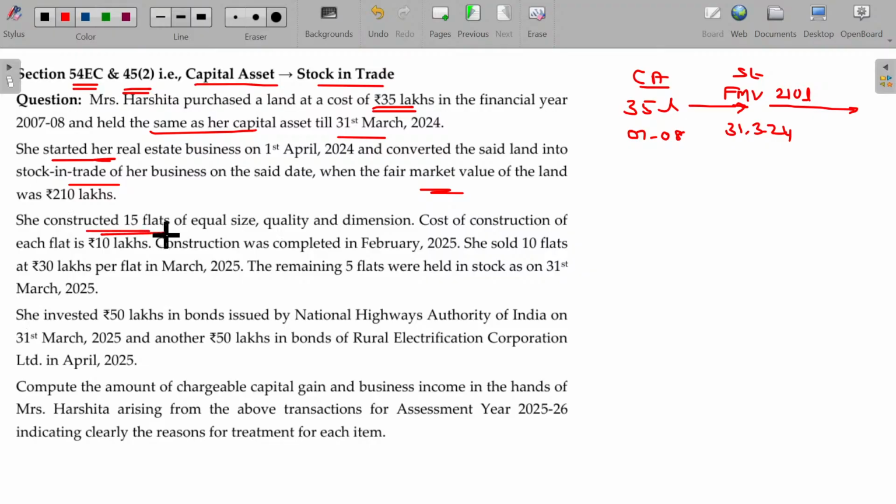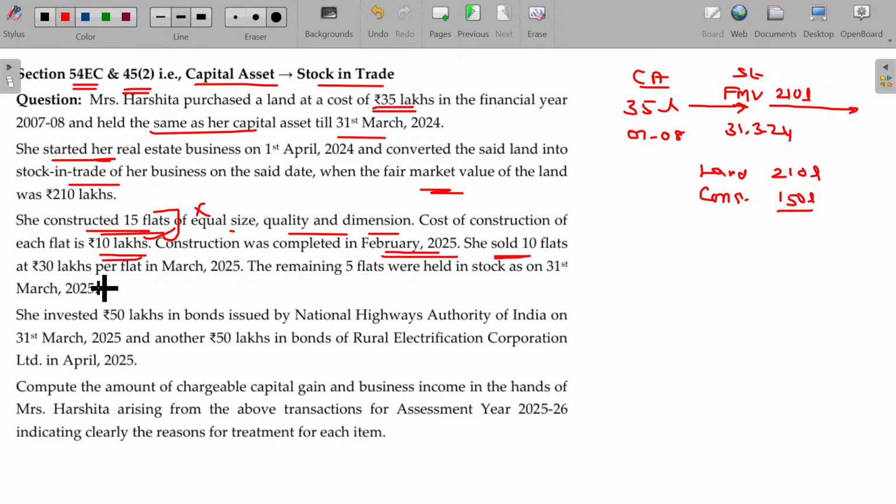She constructed 15 flats of equal size, quality and dimension. The cost of construction of each flat is 10 lakhs. So 210 is the land cost, and the construction cost being 10 lakhs each for 15 flats, 150 lakhs is the amount spent. Construction was completed in February 25.